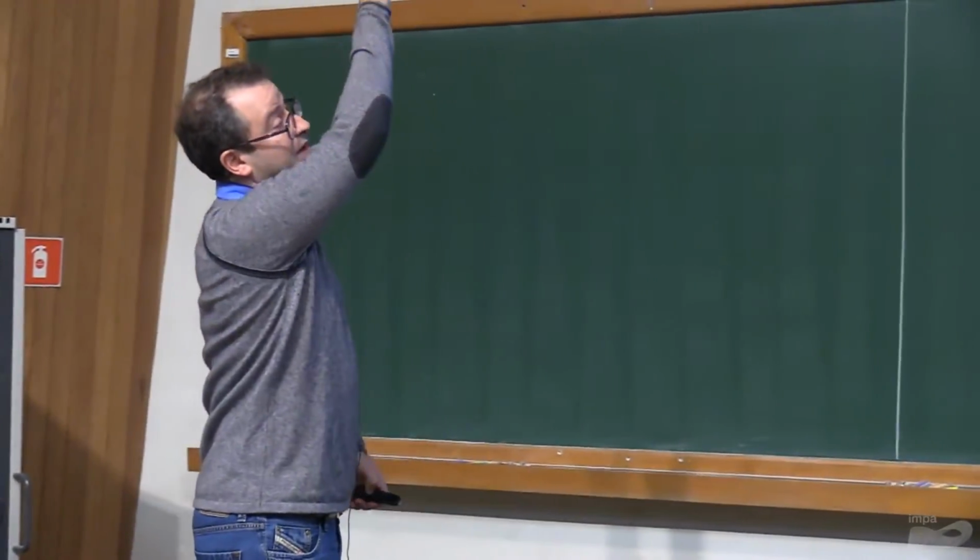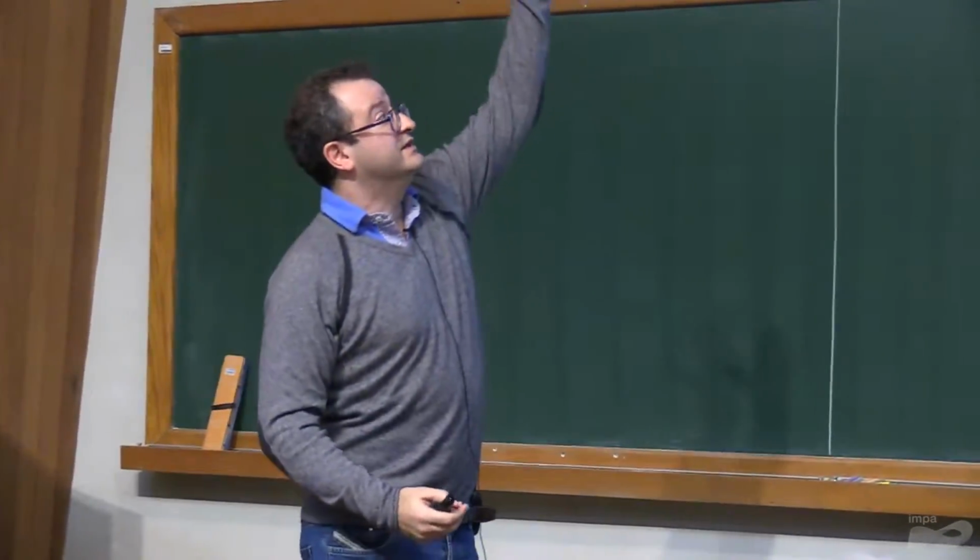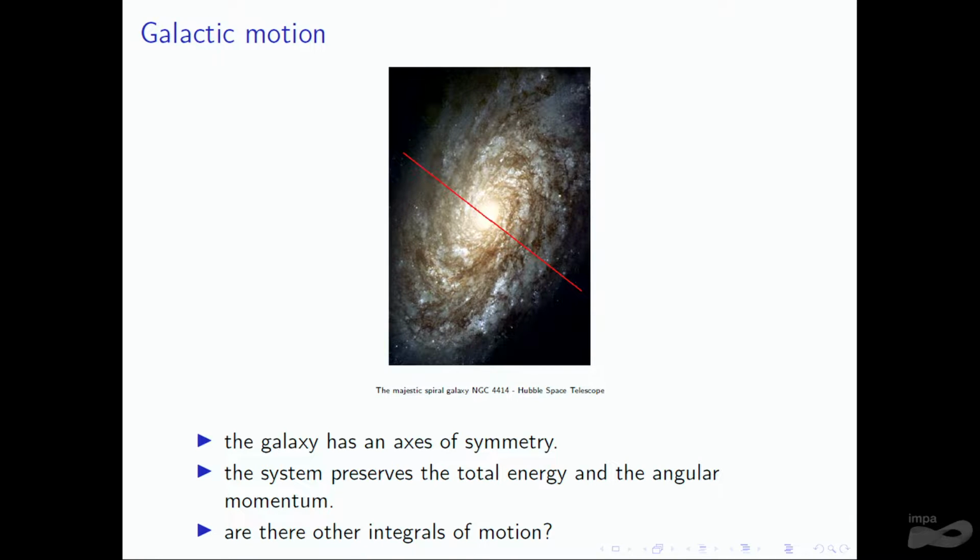For instance, you can take a plane which contains that axis of symmetry, and so you can find a potential on that plane, and then you study this potential system on the plane, and then because it preserves the angular momentum, you can recover the original orbit by studying this 2 degree of freedom dynamical system.